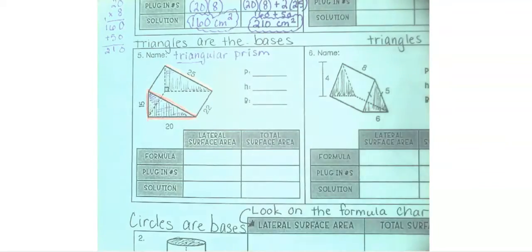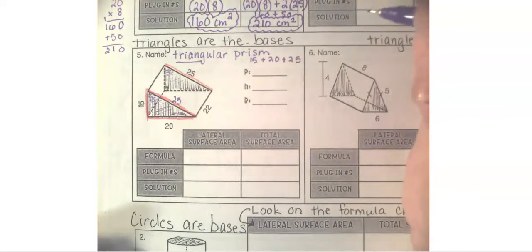It's 25. To get my perimeter of my base, I'm adding 15 plus 20 plus 25. When I add those three together, I get 60 for the perimeter of my base.